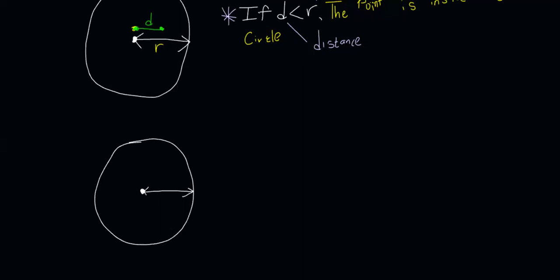So the yellow one, we'll just say it's D, that represents the distance. And the other one, we call it R. So for this to happen, if the distance is equal to the radius, you can actually see from the diagram that the distance is equal to the radius. So if the distance is equal to the radius, then the point is on the circumference of the circle.